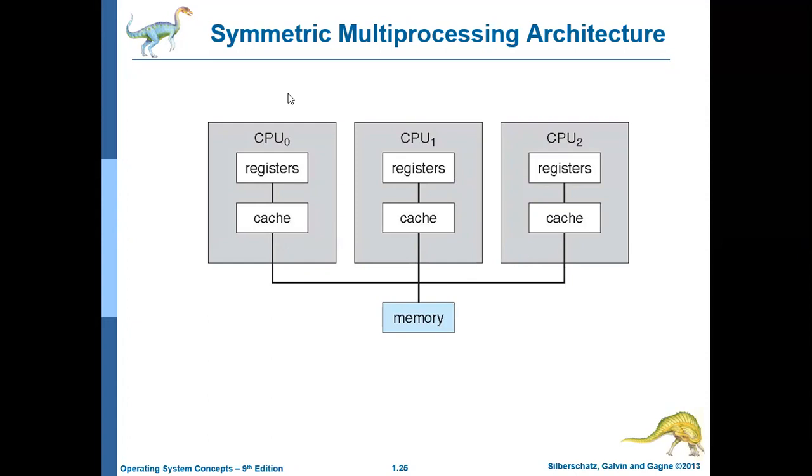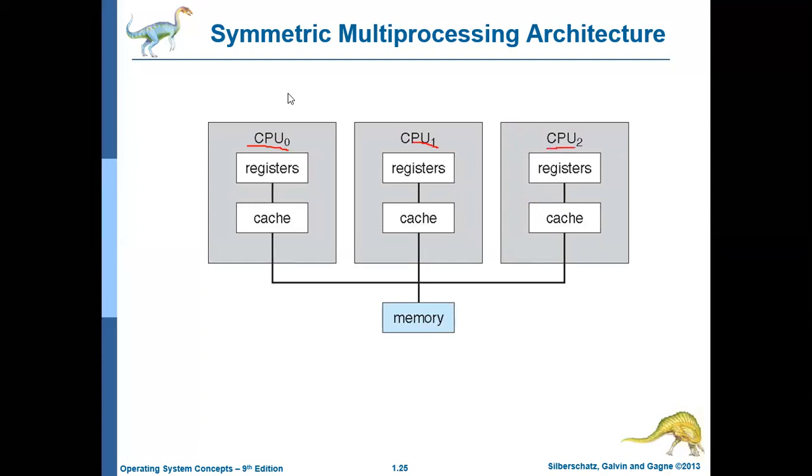Now this diagram explains the symmetric multiprocessing architecture. Here you can see there are three CPUs, that is three processors, CPU 0, CPU 1 and CPU 2.